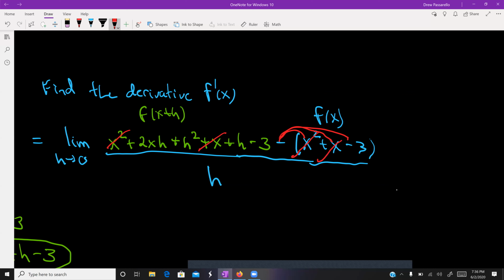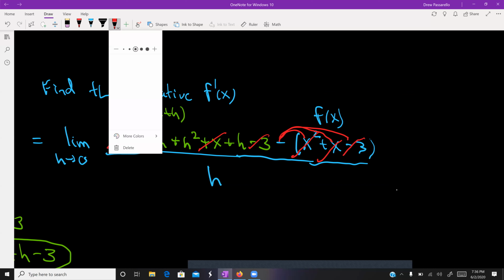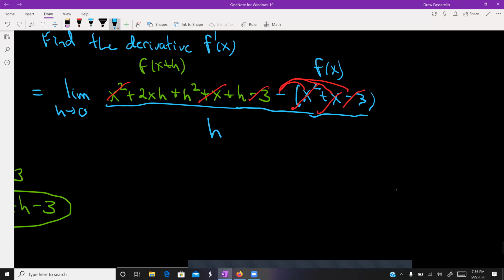And a minus times minus makes positive, so really it's positive 3, and I can cancel that out with minus 3. So what I'm left with is 2xh plus h squared plus h, all of that divided by h.